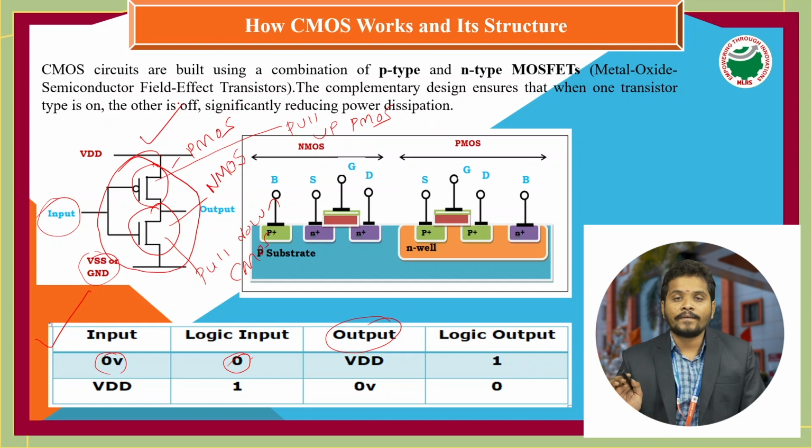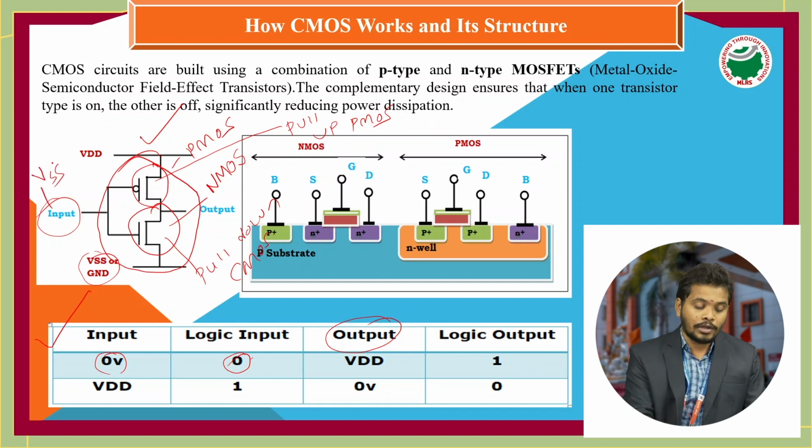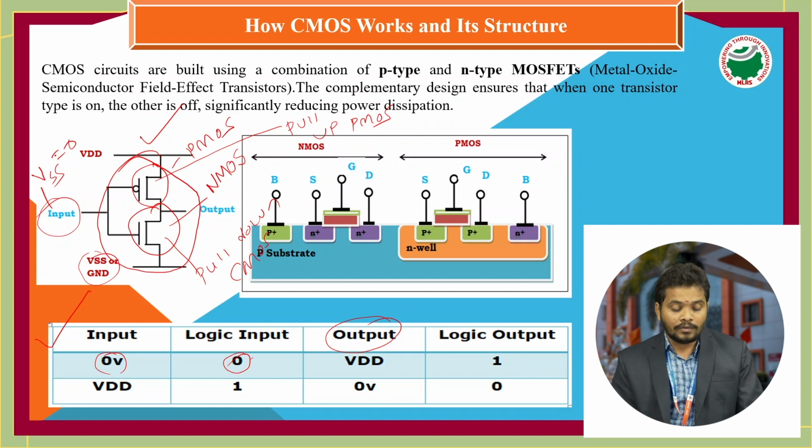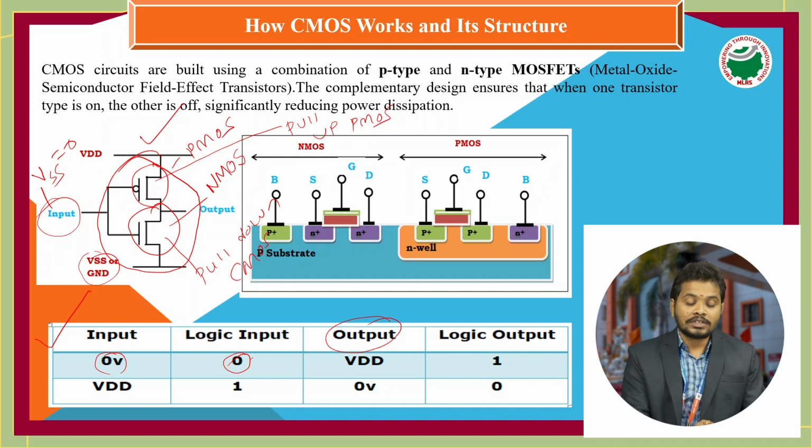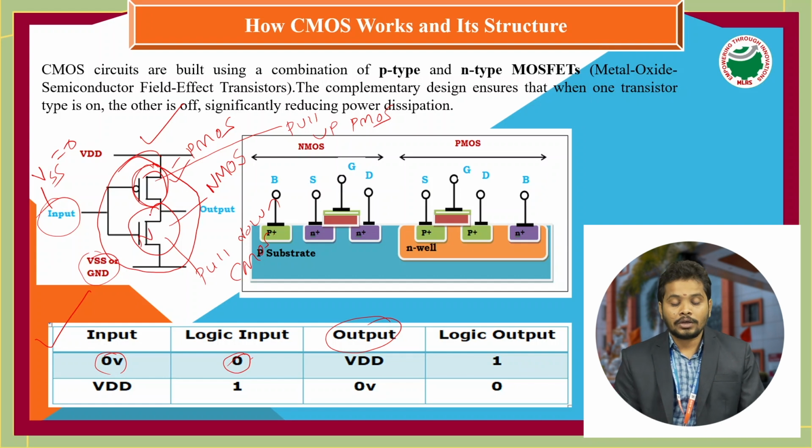As we know very well, for a lower voltage the PMOS will be on, for a higher voltage the NMOS will be on. So if I am applying VSS, equal to 0, to the input, what will happen? At lower voltages the PMOS will be on and the NMOS will be off, then PMOS operation will be conducted here.